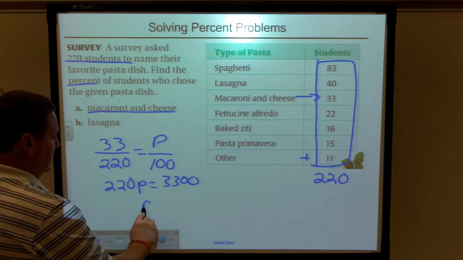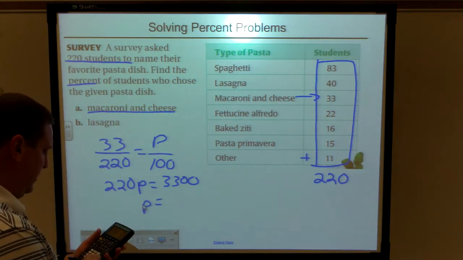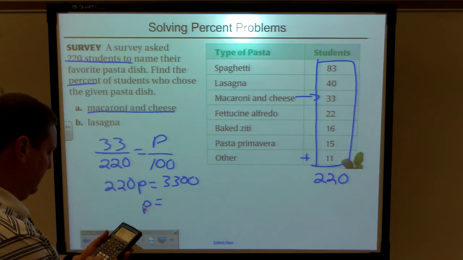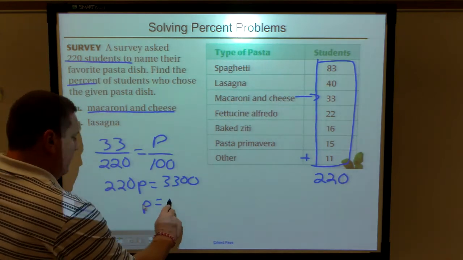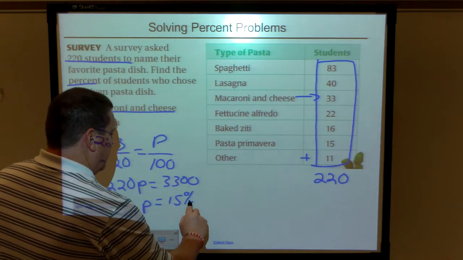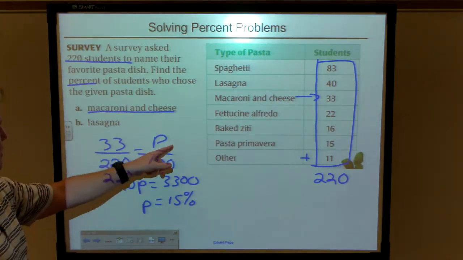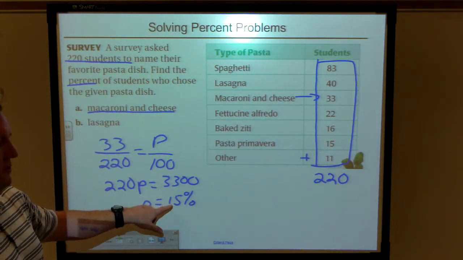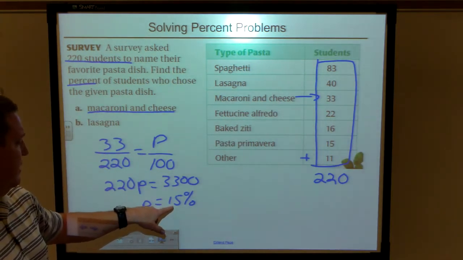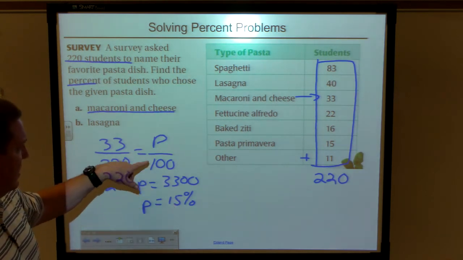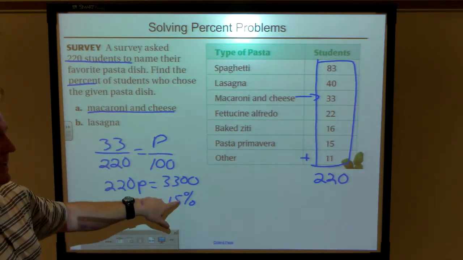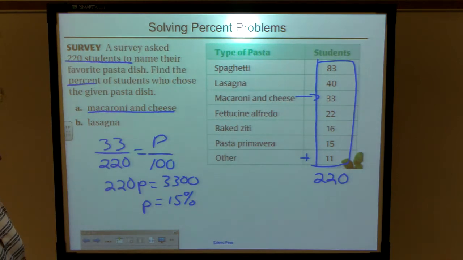And then we're gonna divide both sides by 220, so 3,300 divided by 220, and we get 15%. Now, anytime you use the proportion method, you don't have to adjust the decimal for percent, because it's already over 100, so it is an actual percentage number, not the decimal equivalent of that number.